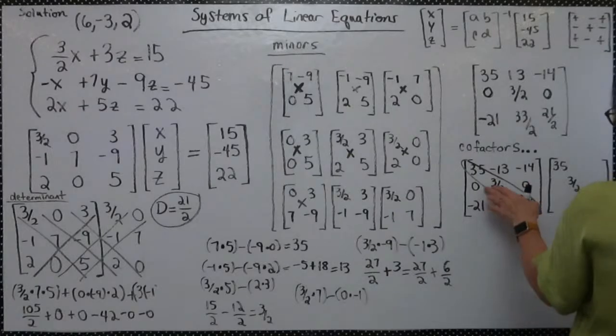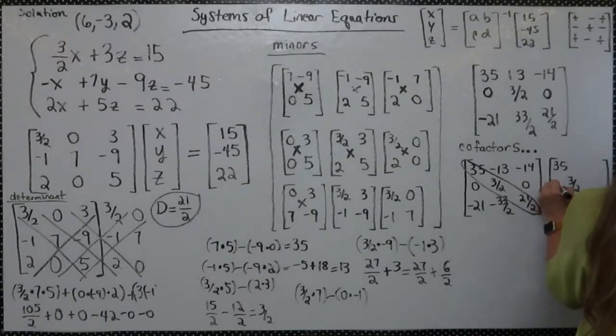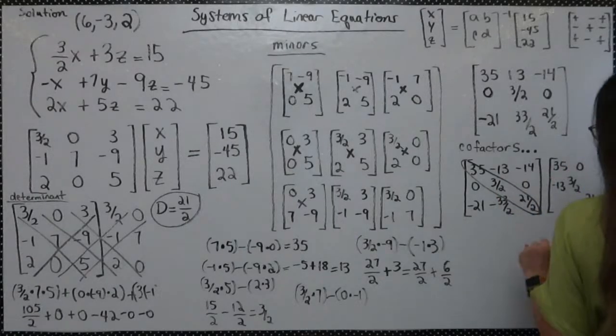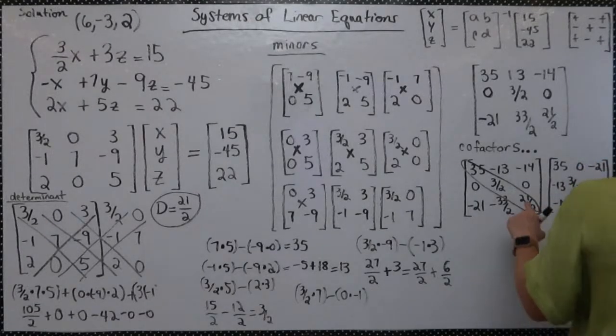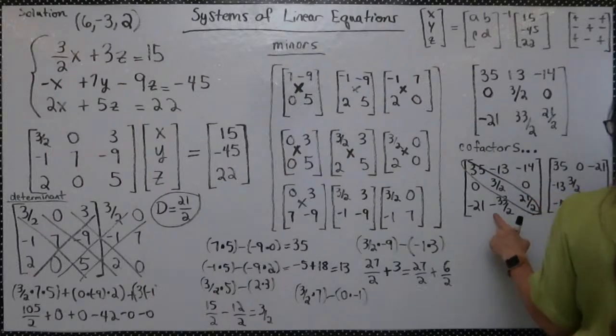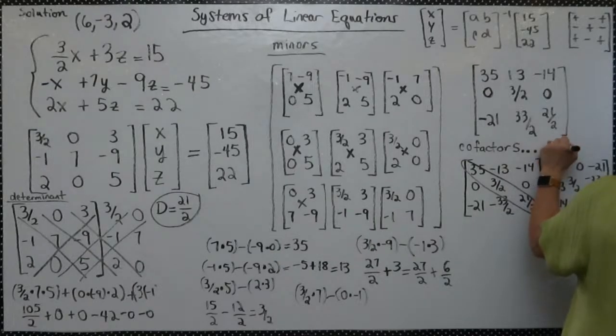And then these two positions across the diagonal are just going to switch places. So we have negative 13, 0. And we've got negative 14, negative 21. And then we've got 0 and negative 33 halves. So this is the transpose.